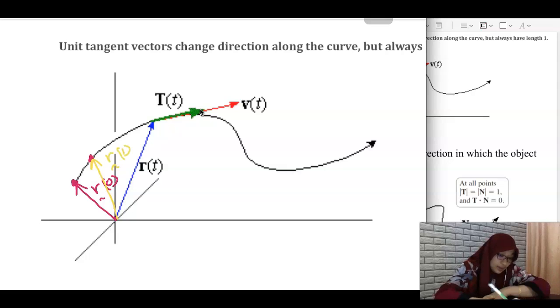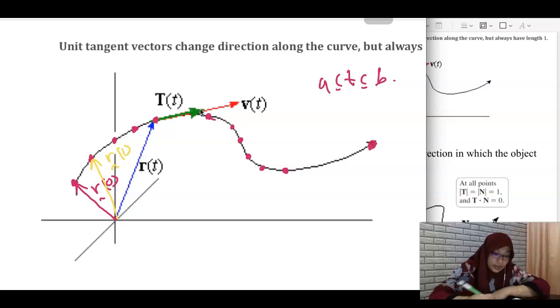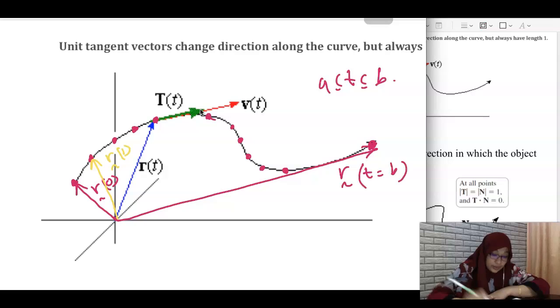You can see very many points along the curve if you put in values of t, where t is in some interval a to b, for example. Let's say this is your endpoint, so this is your position vector at t equal to b.